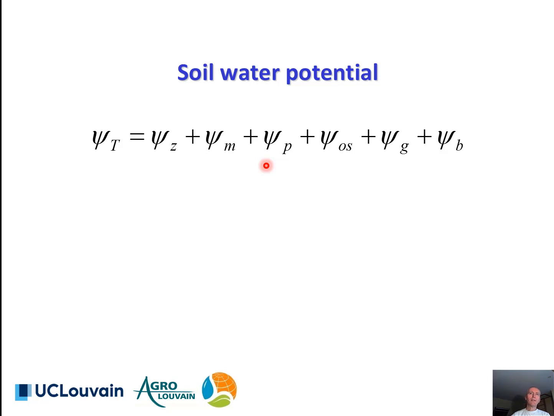Finally, there are additional forces that may affect the water status of a soil water particle. For instance, natural soil water will never be purely demineralized water, but will be loaded with ions, salts, or other constituents.